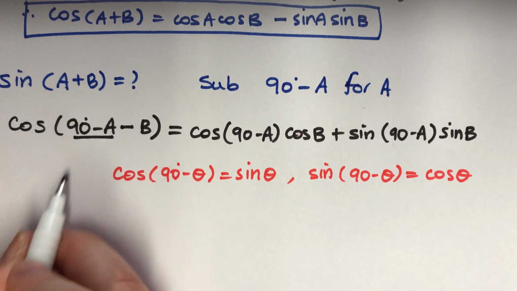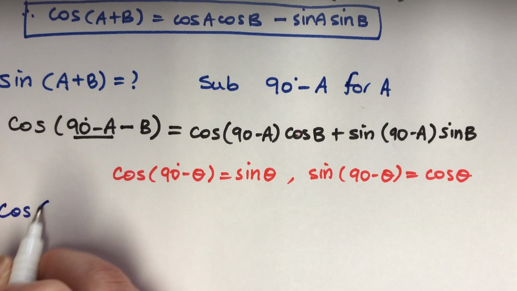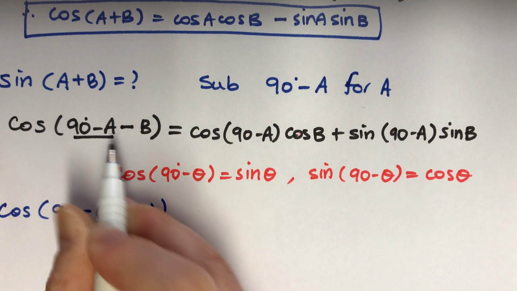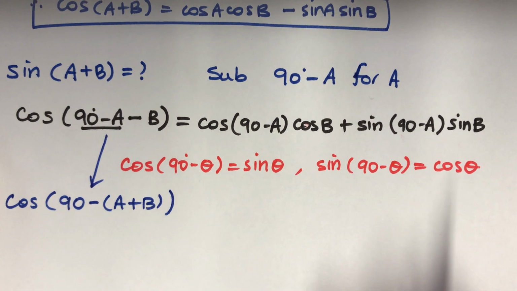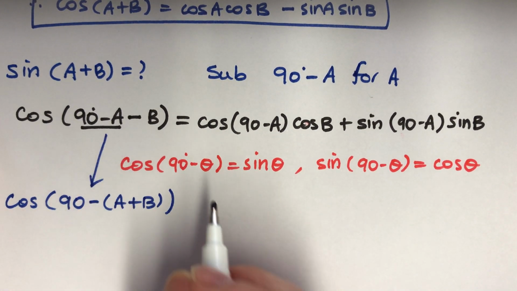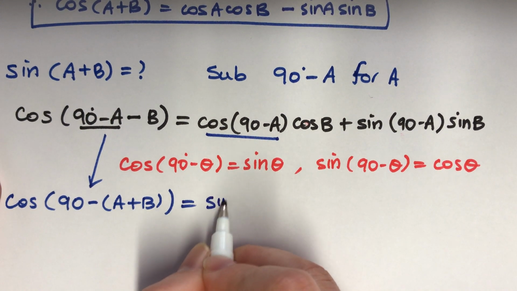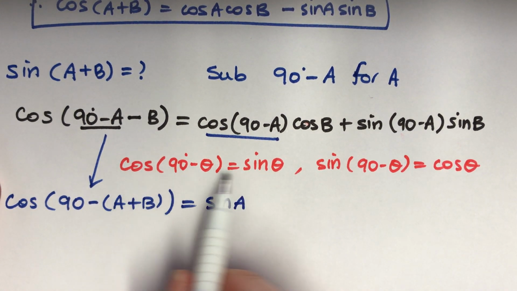So what happens here, I'm going to go cos(90 minus (A plus B)). Now can you see what I've done there? You can actually change that, isn't it? We can manipulate this, and then this becomes my sine A, just like this one.